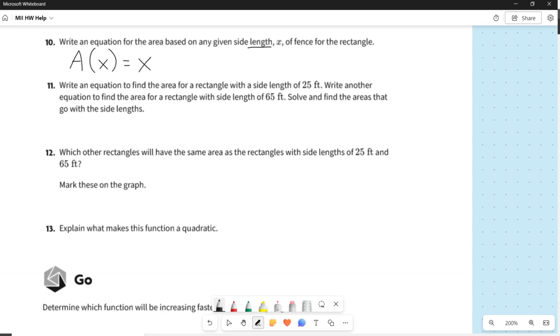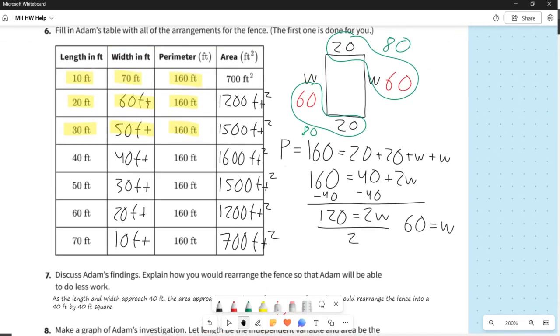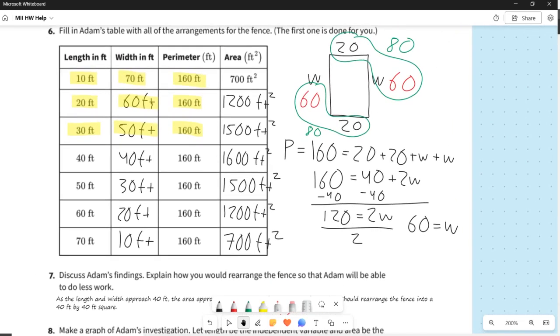So if you think back to our table, and maybe we'll go back to it real quick just to see this. Don't forget, when we looked at our table, every single time the length and the width would always sum to 80, every single time. And we discussed why when we filled in this table.